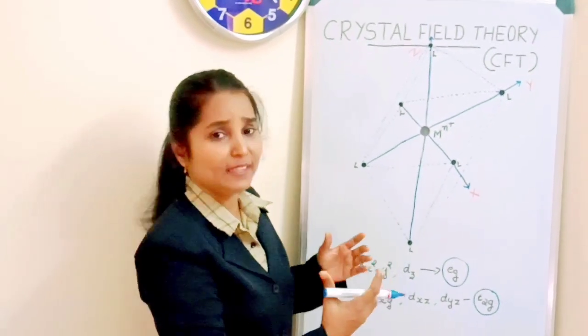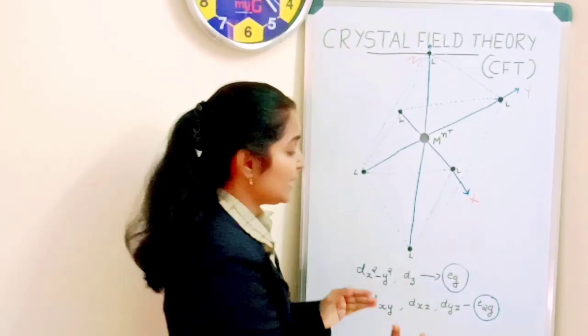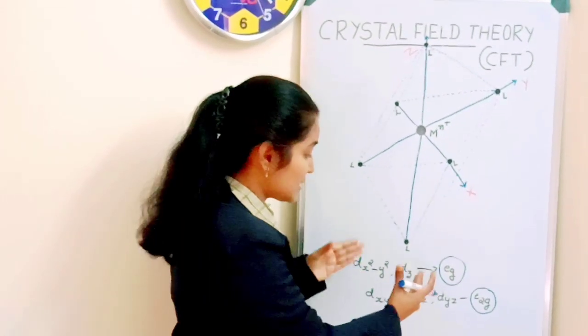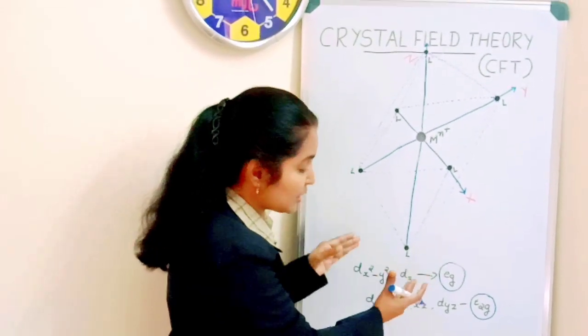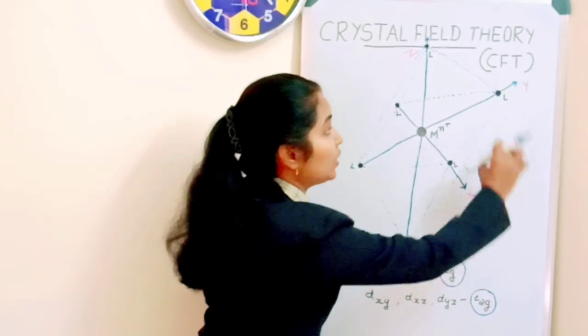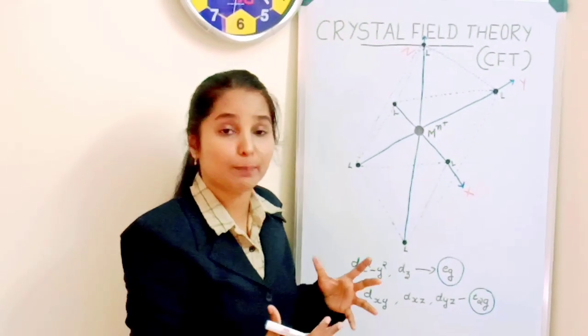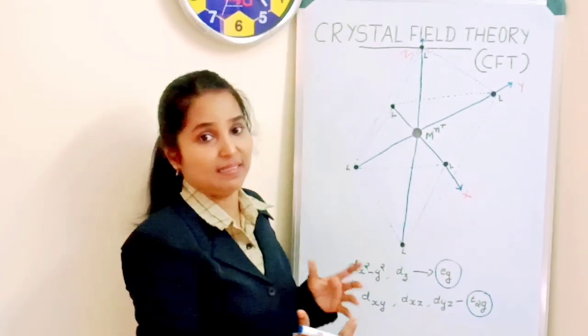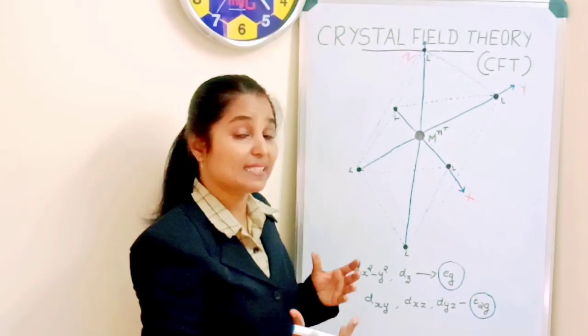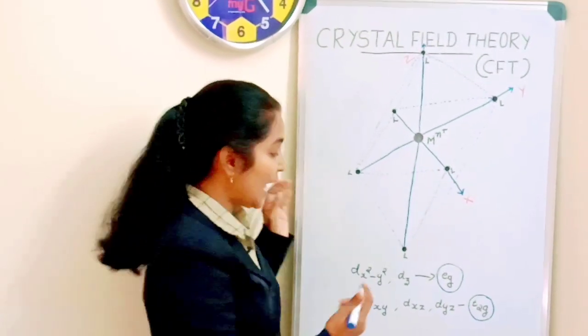So they feel a kind of strong repulsion. Who feels the maximum repulsion? Those electrons in the orbitals which are along the axis feel maximum repulsion in the case of octahedral complexes because the ligands are approaching along the axis.